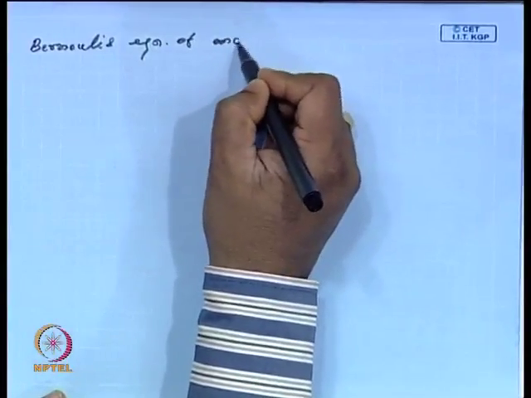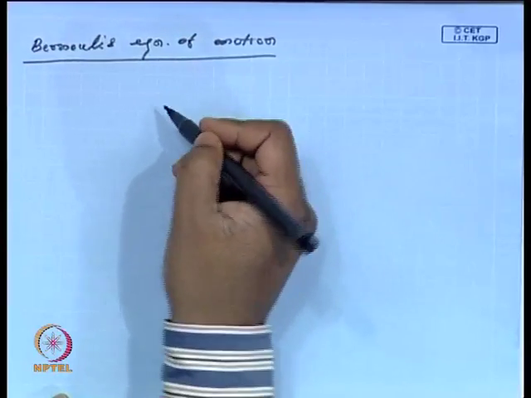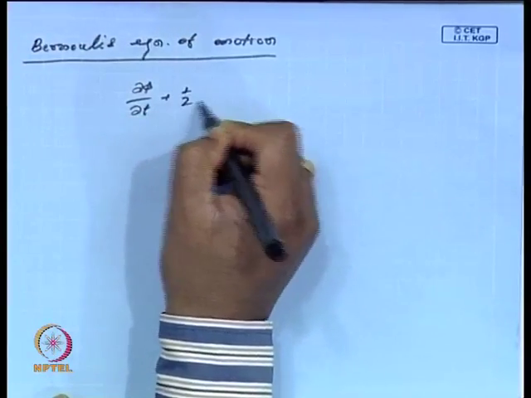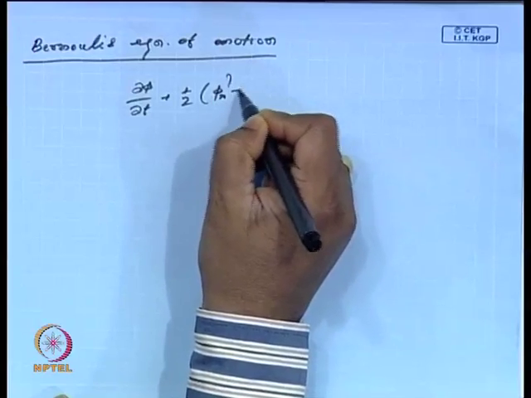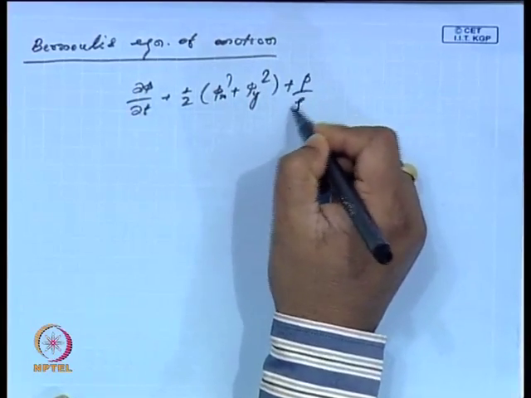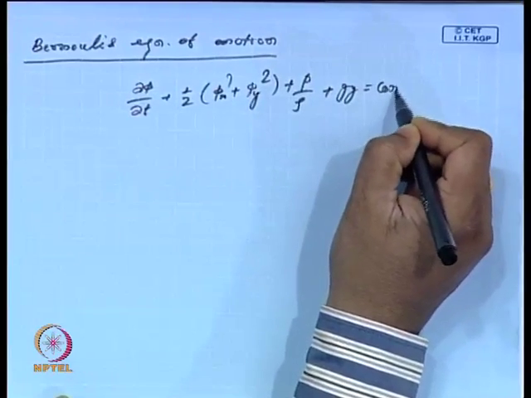Bernoulli's equation says del phi by del t plus half phi x square plus phi y square plus p by rho plus g y is equal to constant.